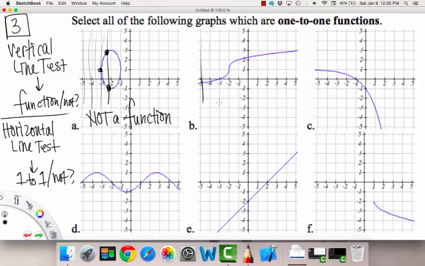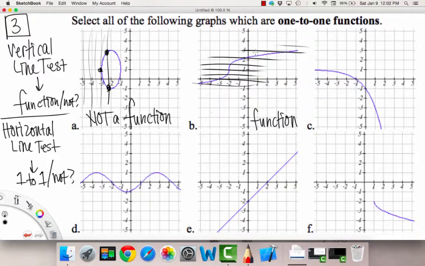Now we need to know whether it's one-to-one, so we move on to the horizontal line test and start drawing our horizontal lines. It looks like we're in the clear. Each of these horizontal lines only crosses the graph at most once, so this one is one-to-one. This would be yes for B.